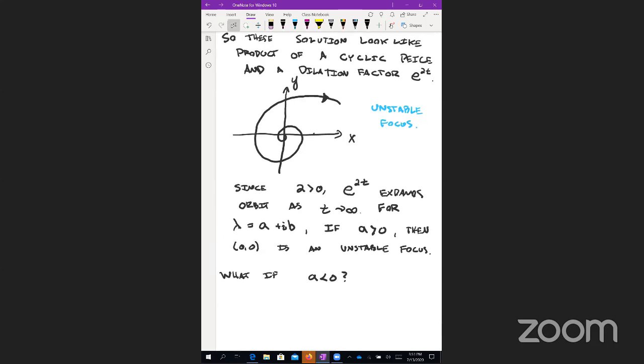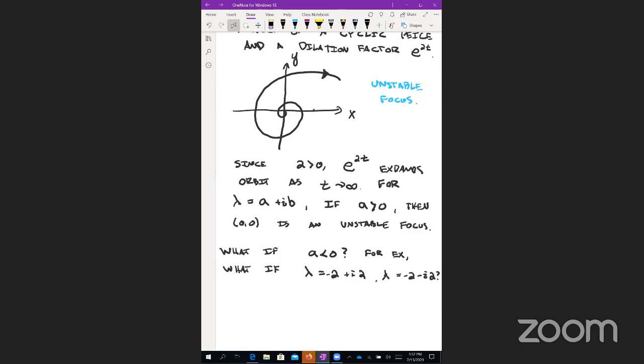Well, in this case, you can basically imagine what's going to happen. So for example, what if lambda equals -2 plus i times 2 and lambda bar equals -2 minus i times 2?